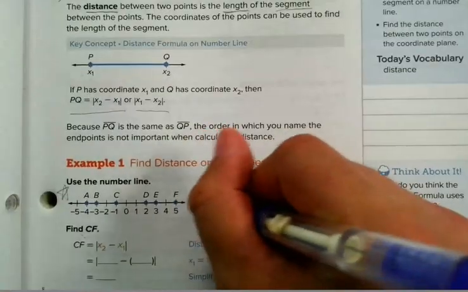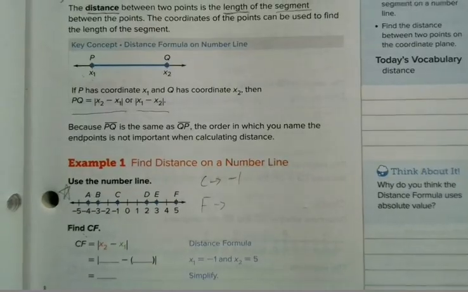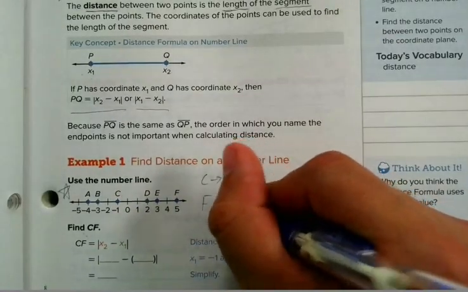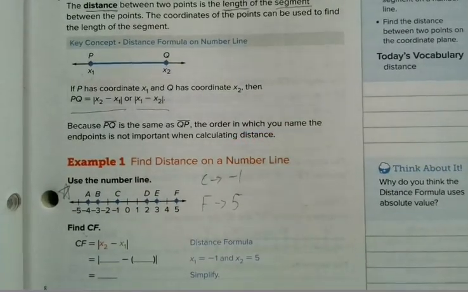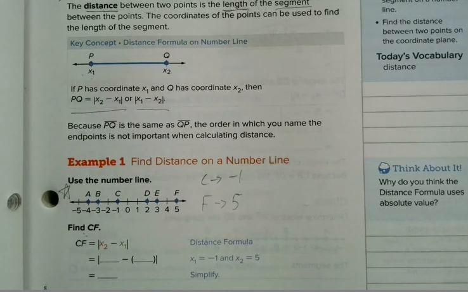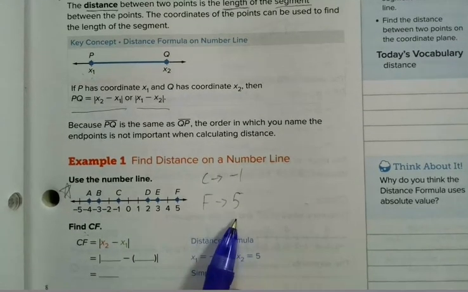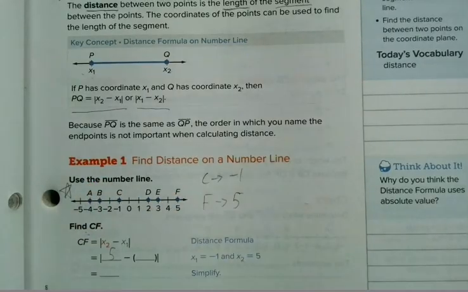And then what's the coordinate of F? 5. Right? And now we just plug it into our equation we just came up with. We know that the distance has to be the absolute value of the biggest one minus the smallest one. So our biggest one was what? 5. And then our smallest one was -1.